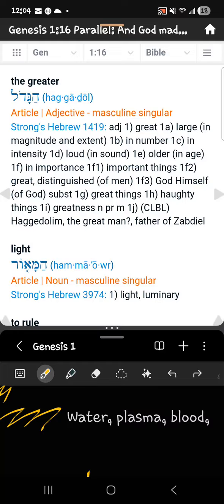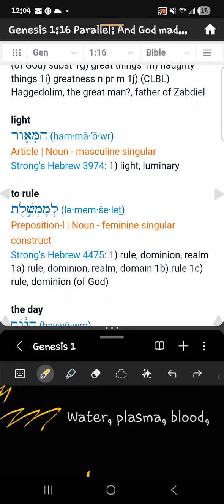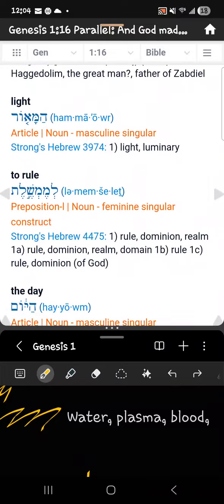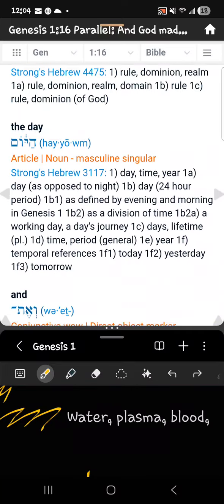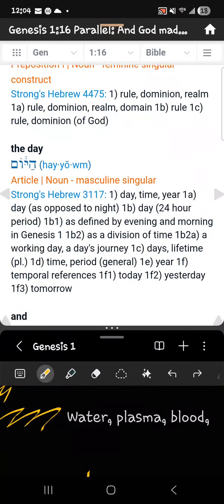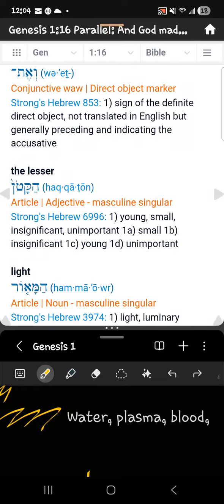So the greater light, the large one, Gadal means like big or great, like the Kahin Gadal, high priest. Anyway. He made the great light to rule the day, Hayawam, okay. And the lesser light, it says young here, small, insignificant, unimportant. It's not necessarily unimportant, but they say this like not as bright, the lesser light.